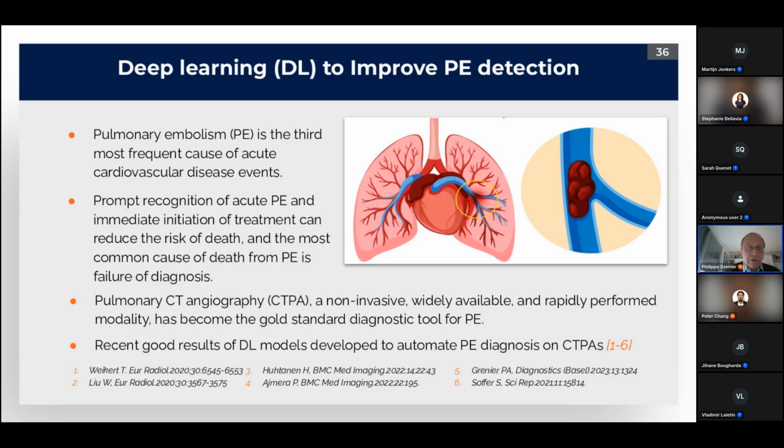Pulmonary CT angiography, CTPA, is a non-invasive, widely available and rapidly performed modality that has become the gold standard diagnostic tool for PE. And as I told you, recent good results of deep learning models have been developed to automate PE diagnosis on CTPAs.